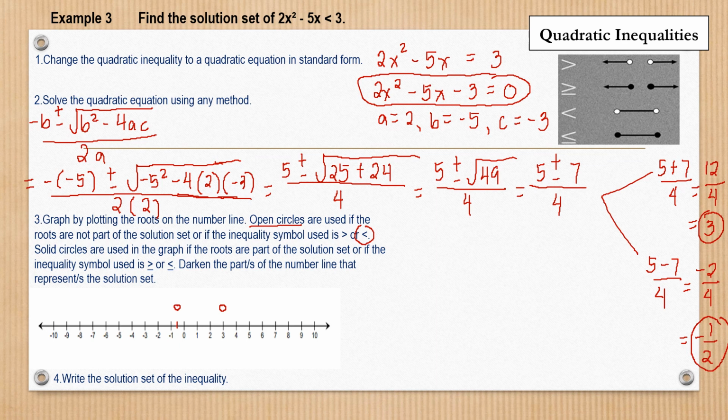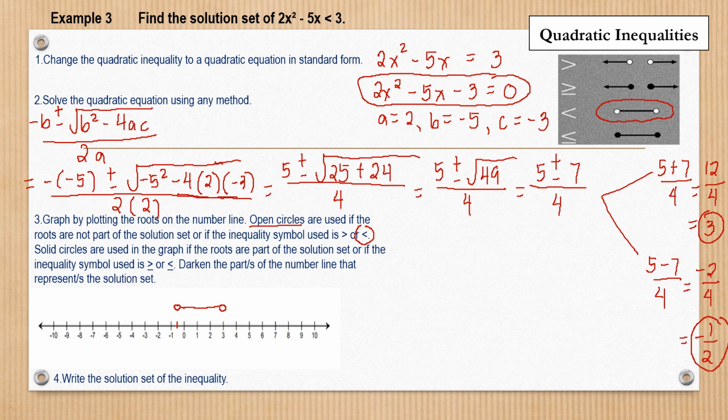Now we will refer to the graph of the inequality. So our graph will look like this. Therefore, the solutions of the given inequality are between negative 1/2 and positive 3.